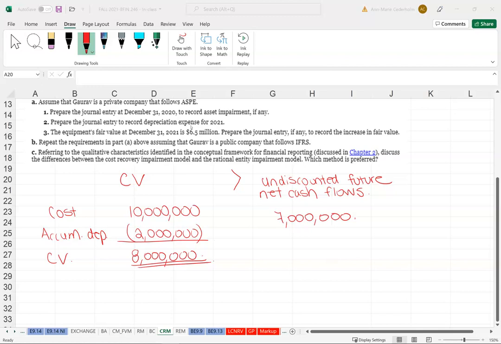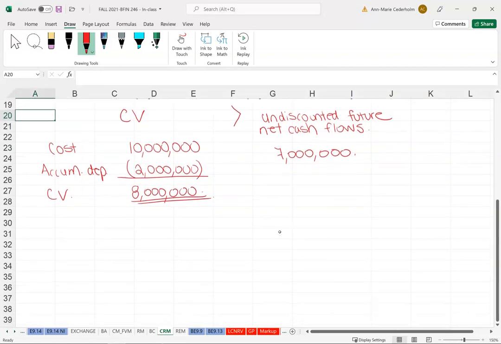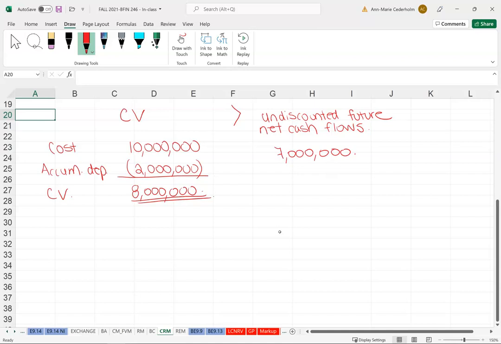So what we need to do now is write the asset down to its fair value. The carrying value is the 8 million. We only do this if it's impaired. The first part was the test, and now this part is us recording the impairment on the books.